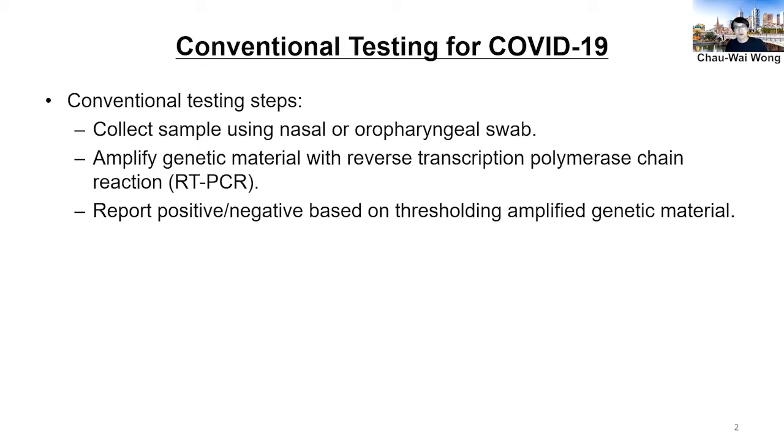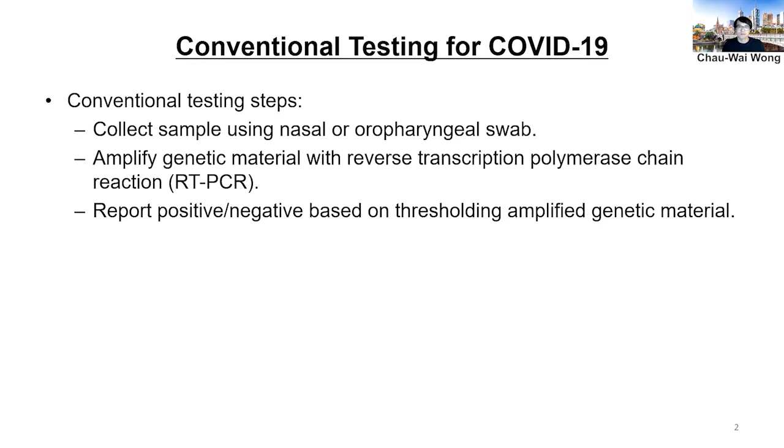The genetic material of the virus will be multiplied for many iterations so that its concentration or density will increase geometrically until the amplified viral load is eventually above a threshold for detection. By counting the number of amplification iterations, the initial viral load can be estimated, and the result is reported as positive. If there's no detectable virus after many amplification iterations, then the result is reported as negative.